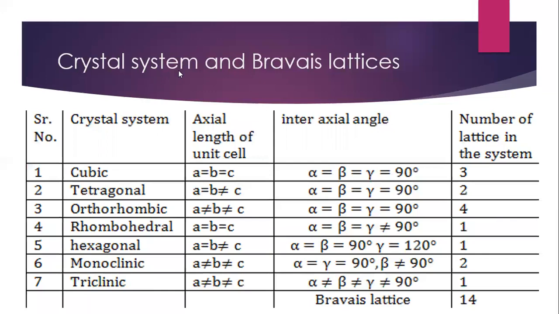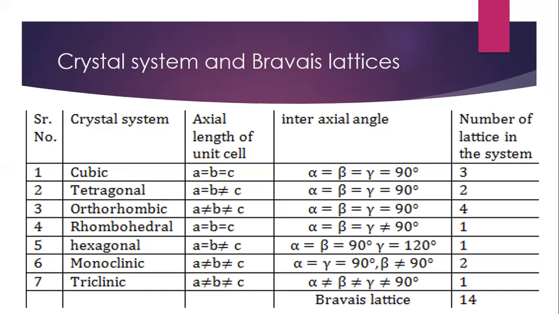Now, crystal system and Bravais lattice. Depending on the arrangement of the atoms and the edge lengths, as I told in the characteristics of the unit cell, the 3 edges may or may not be perpendicular, and the 3 edges may or may not be the same length.